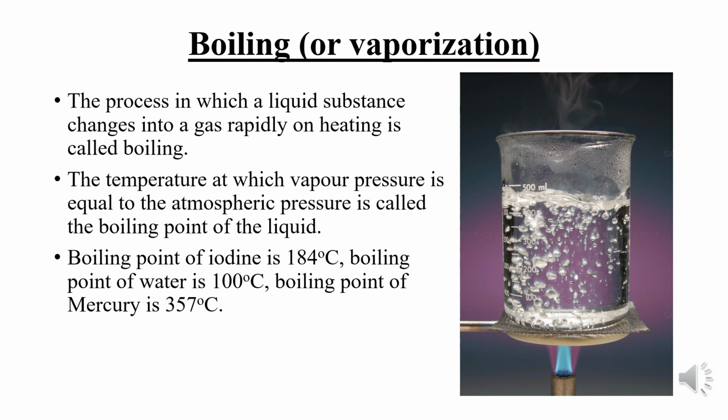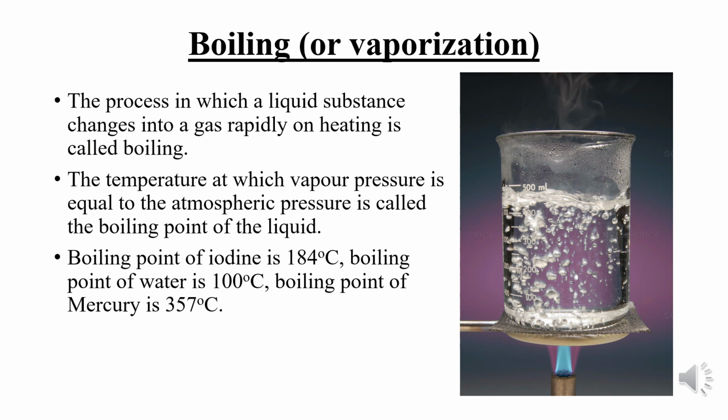Now, if we talk about the different substances that you can see on the screen, different substances have different boiling points. As you can see on the screen, the boiling point of iodine is 184 degrees Celsius. The boiling point of water is 100 degrees Celsius. But the boiling point of mercury is 357 degrees Celsius. Now, why do different substances have different boiling points?